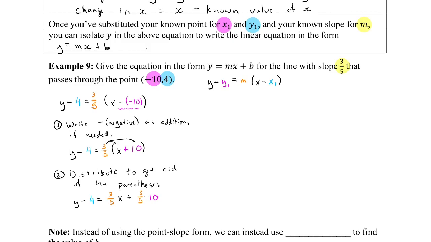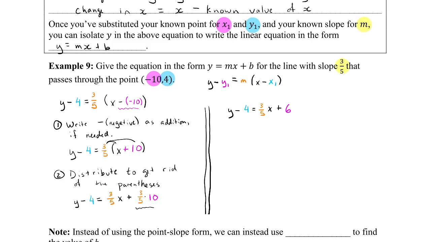Now, when you use the distributive property, you don't necessarily have to write down the multiplication at this stage, but I want to use a calculator to do 3/5 times 10, so I'm going to write down that multiplication. And then I'm going to actually do the multiplication. And now I have the equation y minus 4 equals 3/5 x plus 3/5 times 10 is 6.